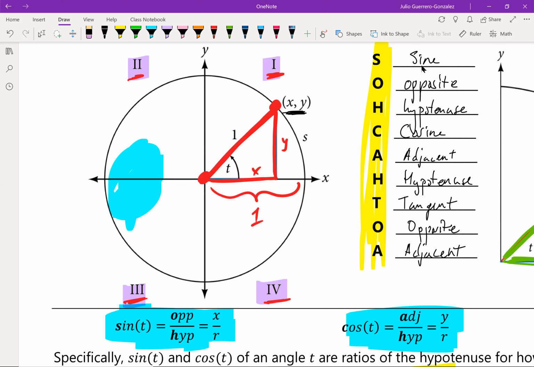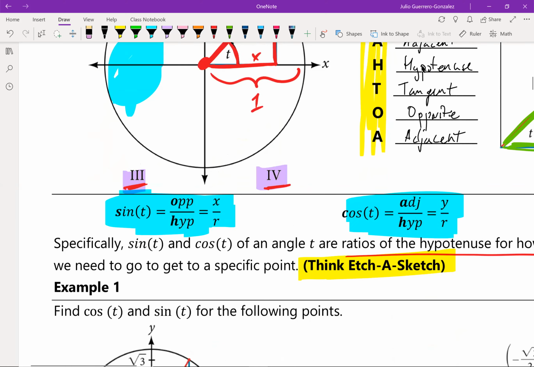Cool. So then if my angle here is t, then my adjacent is going to be my x, right? And my opposite is going to be my y, and my hypotenuse is going to be that 1. Okay? That's where we get this stuff from.